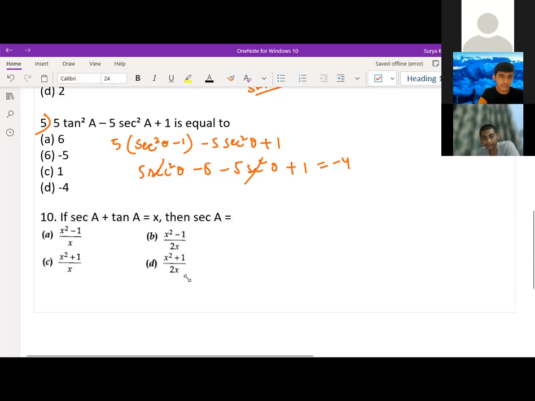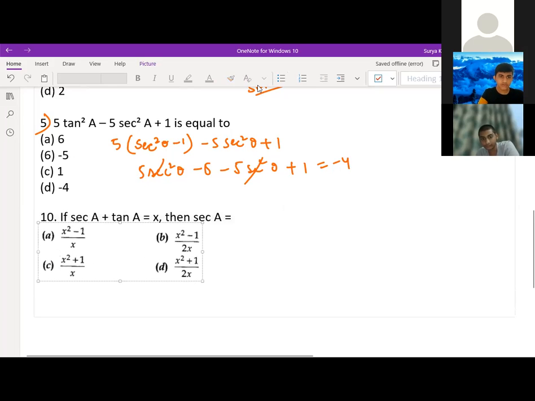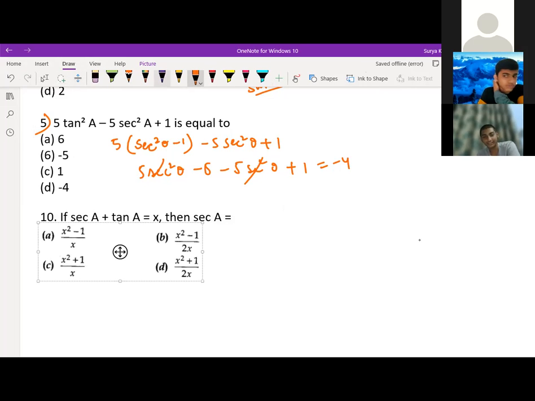If sec a plus tan a is equal to x, then sec a is equal to what? Sir, option B. How to solve it, Praharshan? It's option B or D, sir.